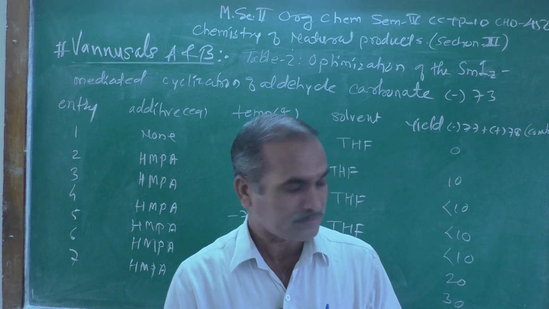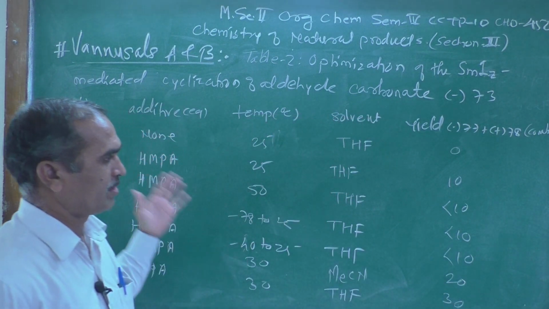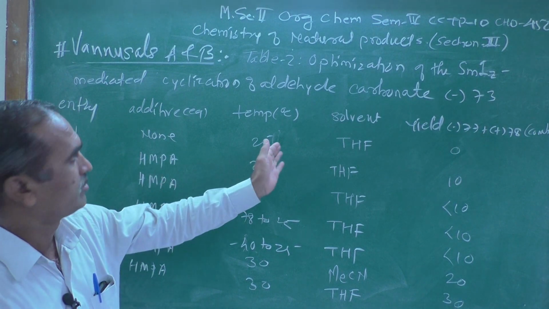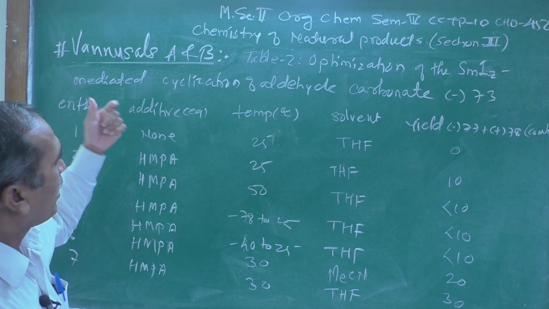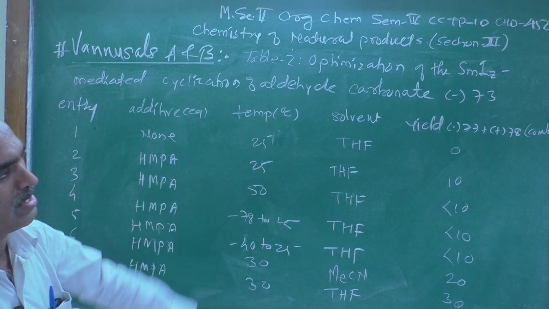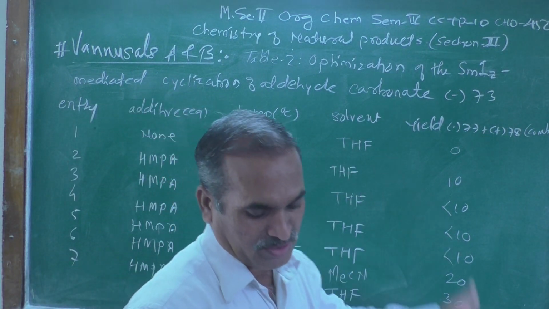So if you observe this table carefully, this is how the entry, additive, temperature, solvent and combined yield are mentioned.